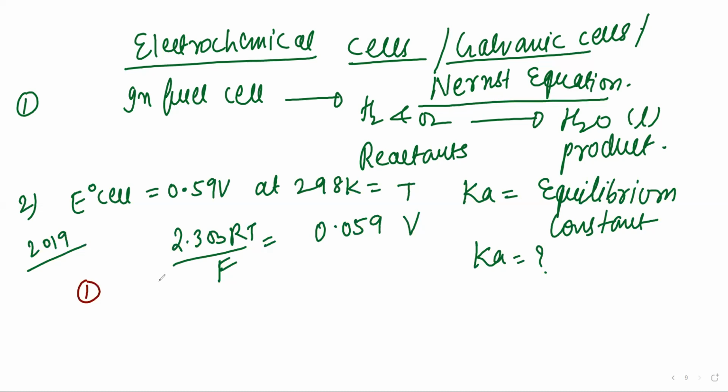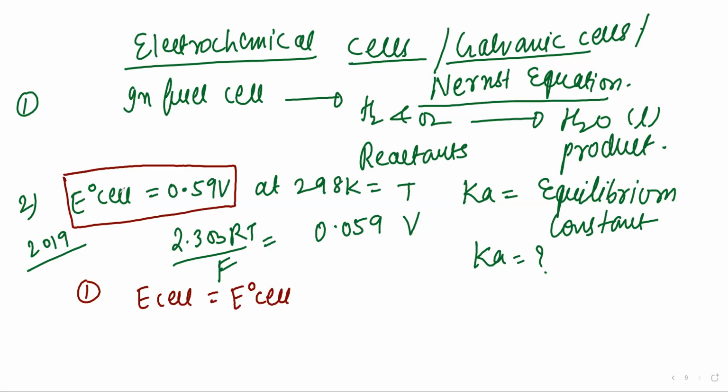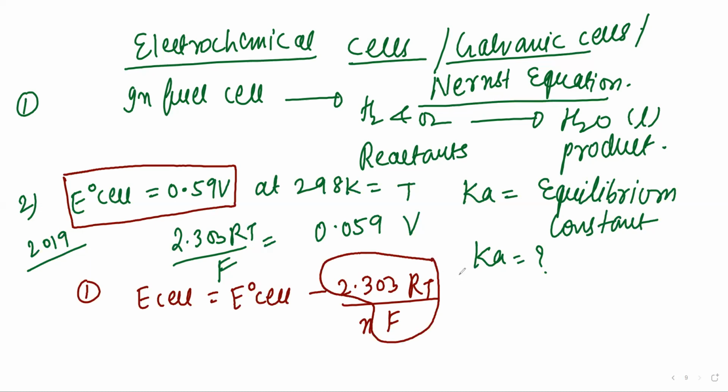I will write the first step: E of cell is equal to E naught of cell, which is given as 0.59, minus 2.303 RT upon n F into log of Q. Q is the reaction quotient, reaction constant, right?